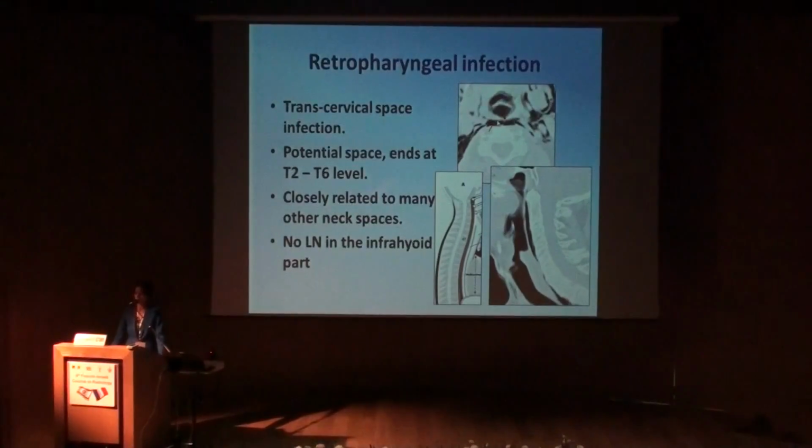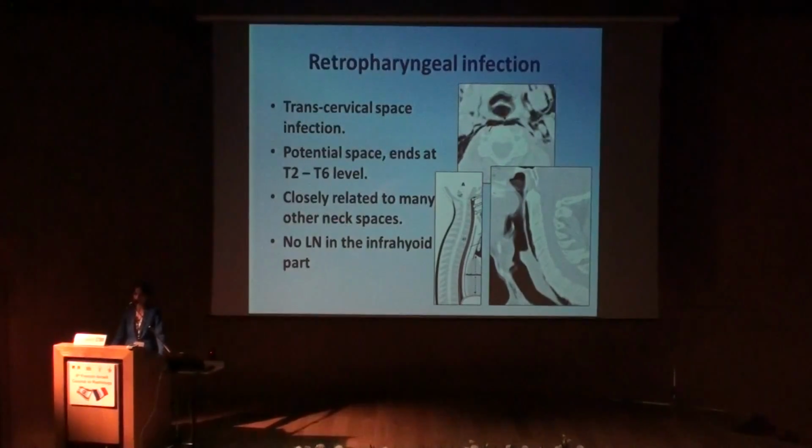Because of that, the space posterior to the alar fascia is called the danger space, and the retropharyngeal space is just anterior to it. And posterior to the danger space, we have the prevertebral space that actually goes all the way down to the sacrum.